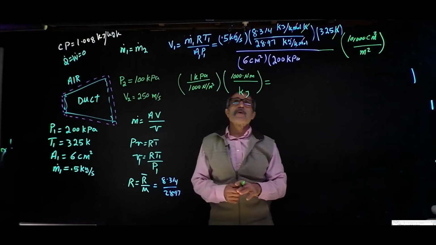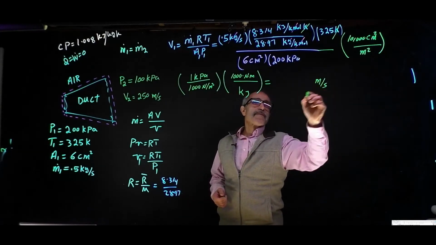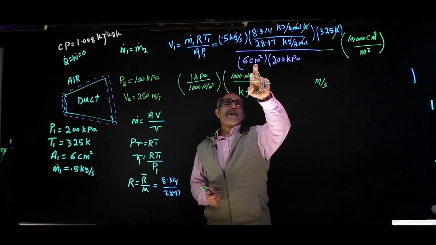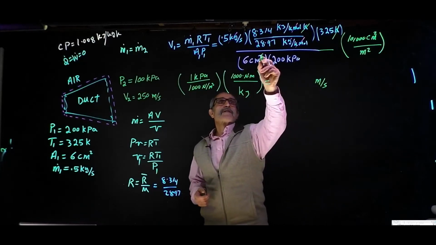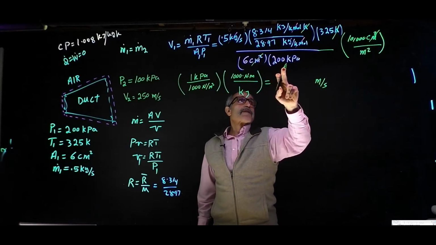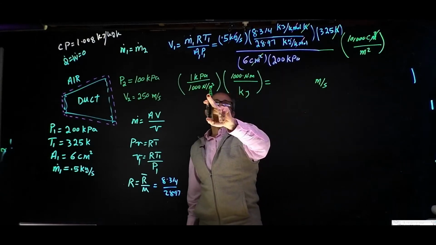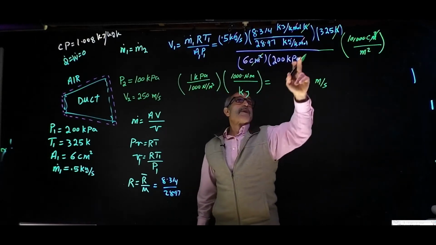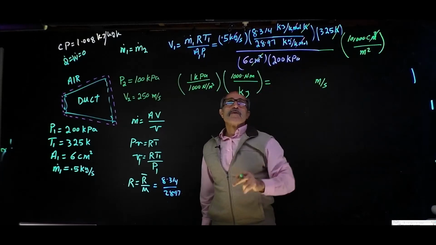So the trick was really to find out whatever we have is going to come out to meter per second. And we converted this to meter squared, so that means this cancels out with this. And then we had kilopascal. We don't have a kilopascal here, so we converted that to Newton per meter squared. And then we had the kilojoule. We converted that to 1,000 Newton meter.